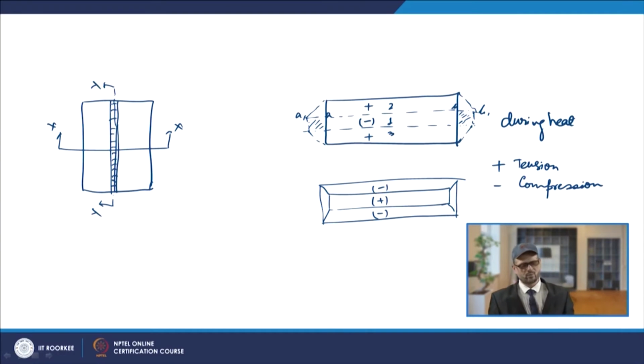What happens is that you have the development of the longitudinal stresses as well as the transverse stresses. The longitudinal stress that is developed normally has positive stress in the middle and negative stresses on the sides.